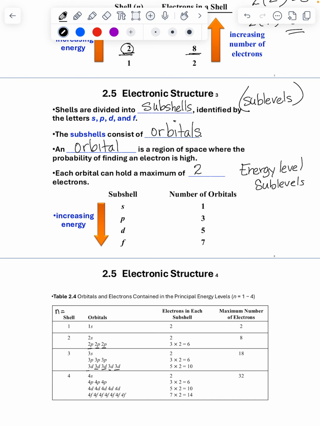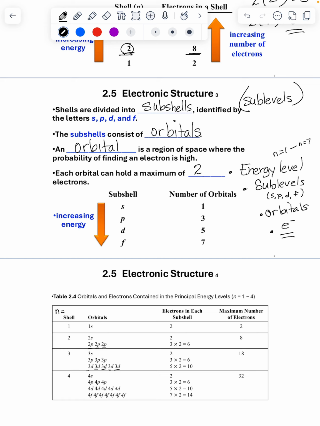Remember, the energy levels can be n equals 1 all the way to n equals 7. The sublevels can be S, P, D, and F. And within each of these sublevels, we have something called orbitals. And within the orbital, you'll find the electron. So we're just getting more and more specific as we move to a more precise location.